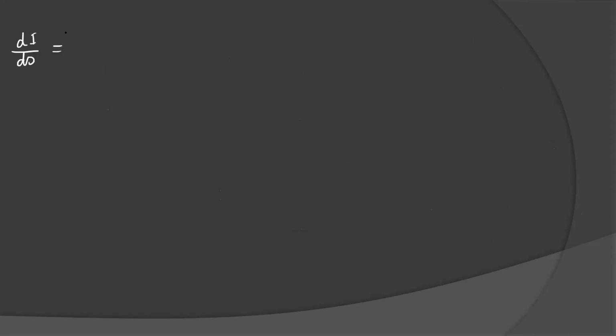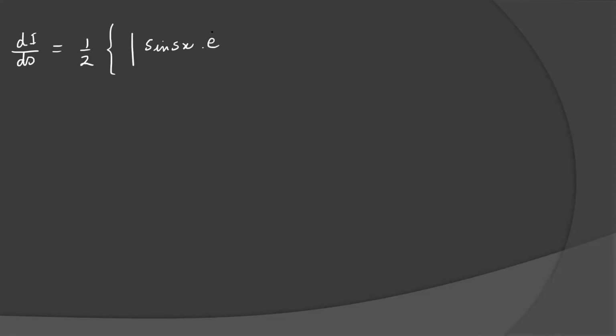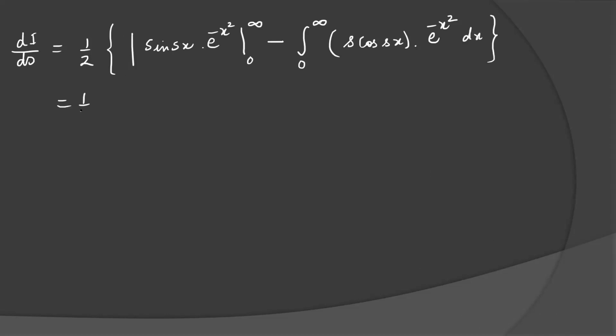If you use integration by parts here, you will get 1 by 2 outside. I am taking sine sx as the first function, and this is your second function. Integration of the second function will be e to the power minus x square from 0 to infinity, minus the integral from 0 to infinity of the derivative of the first function, sine sx with respect to x, which gives s cos sx, times the integration of the second function, e to the power minus x square, which is 1 by 2.